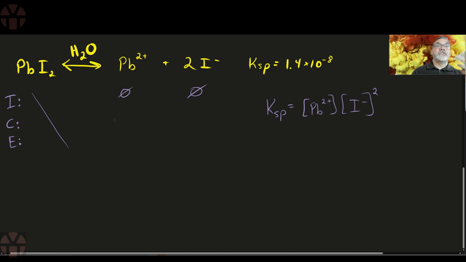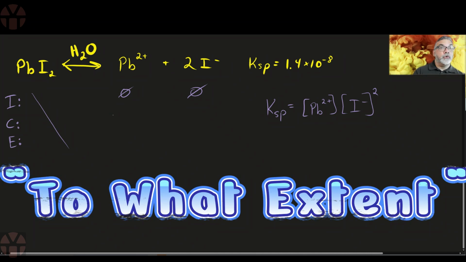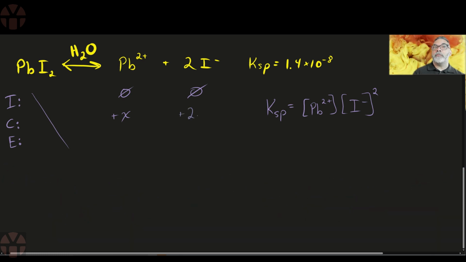Now, as some of it broke up, we don't know to what extent, so this is going to be plus x. Here I'm going to have plus 2x because, again, look at the coefficient in question. That means that at equilibrium, this is now going to have a concentration of x, and this is going to have a concentration of 2x.